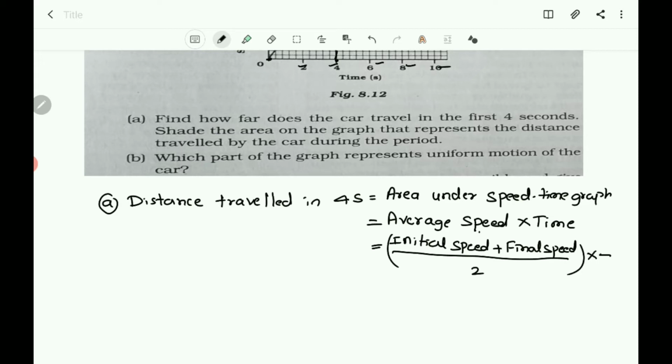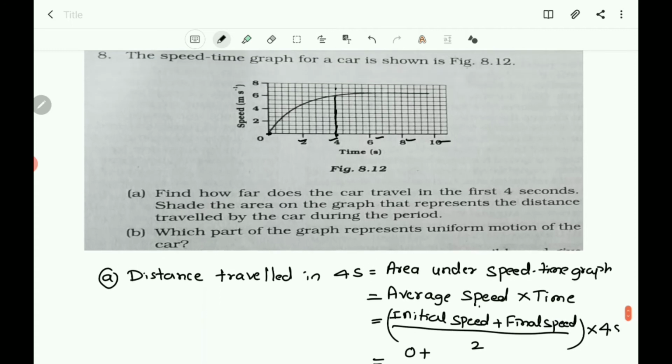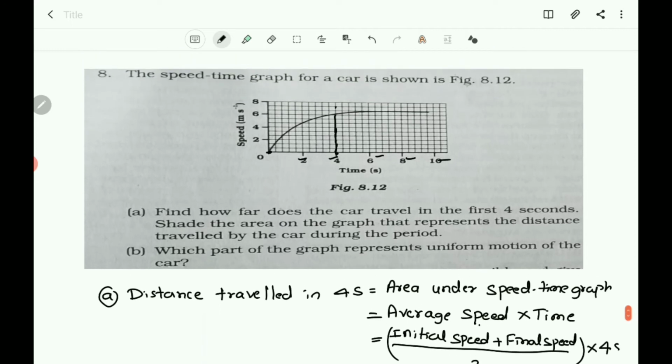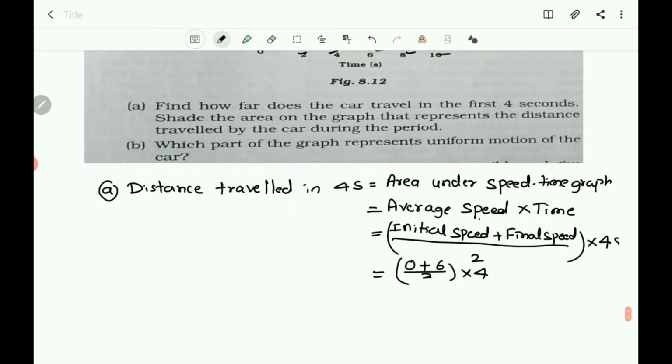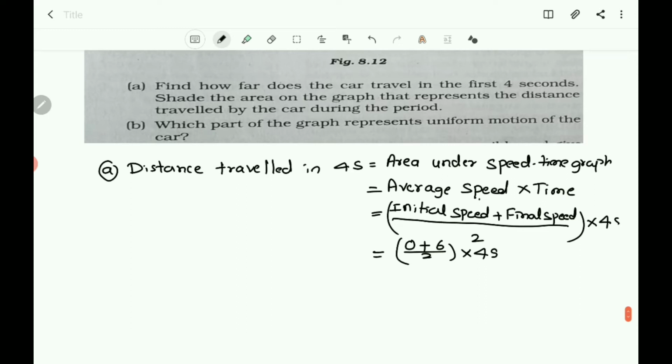Time is 4 seconds. The initial speed is 0, and the speed at 4 seconds is 6 m/s. So it is 0 plus 6 by 2, into 4 seconds.